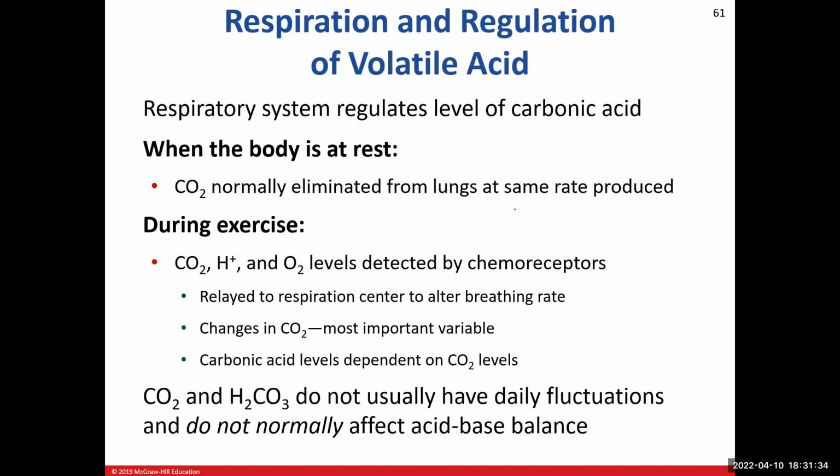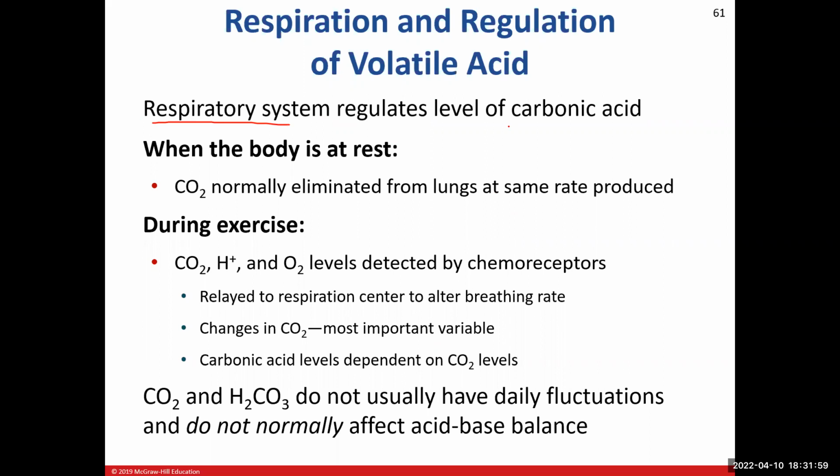Okay, next let's talk about the respiration and regulation of a volatile acid. Now think, we've talked about this before when we were talking about the differences in our acids. We mentioned that the volatile acid has to do with the respiratory system. So think the lungs. Our respiratory system is going to regulate the volatile acid, carbonic acid.